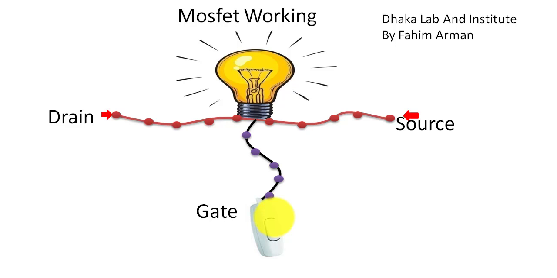If you want to pass this voltage this way, you can switch that, or if you want to pass it to the left side, you can also do that. Okay, and for this purpose the switch is used, so that you can make the voltage go the right way. So this is how MOSFET works.